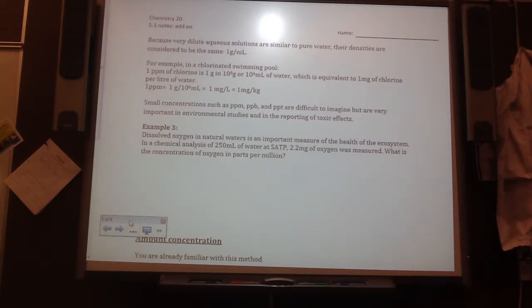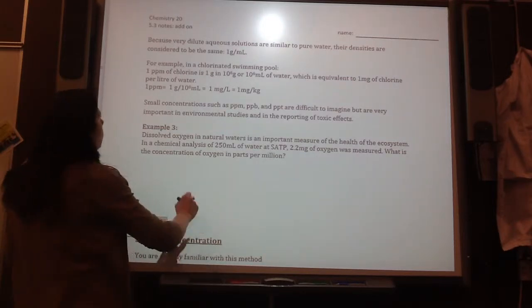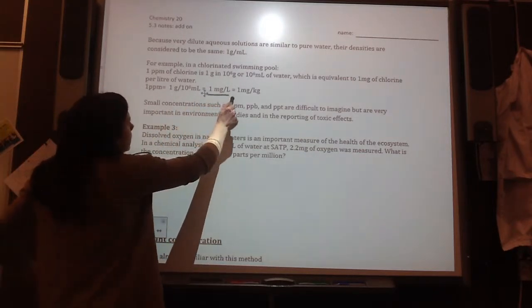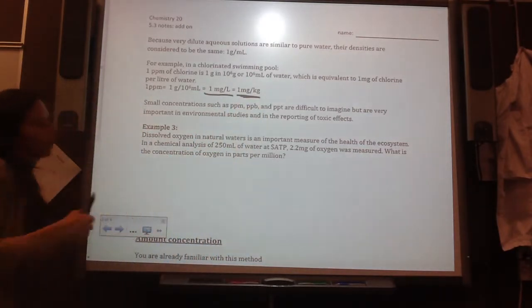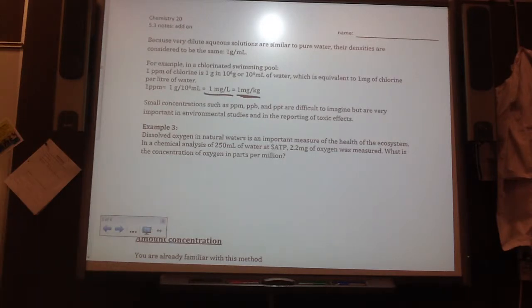So for example, in a chlorinated swimming pool, 1 part per million of chlorine is like 1 gram in 10 to the power of 6 grams of water, which is equivalent to 1 milligram of chlorine per liter of water. So the main thing is 1 part per million can equal 1 milligram per liter. That's the same as 1 milligram per kilogram. It's just the way we measure water: a kilogram of water is like a liter of water.